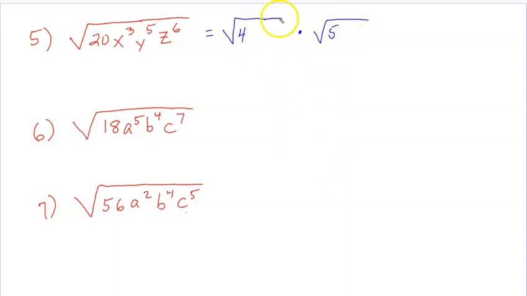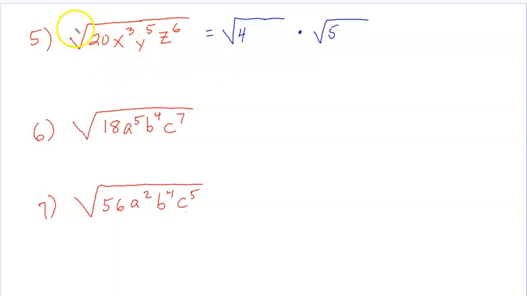My way of thinking about this is this left radical, the first one, will contain all perfect square numbers and variables. Everything in this first radical will be able to simplify, and nothing in this second radical will simplify. Okay, so the way we simplify variables is we do division.